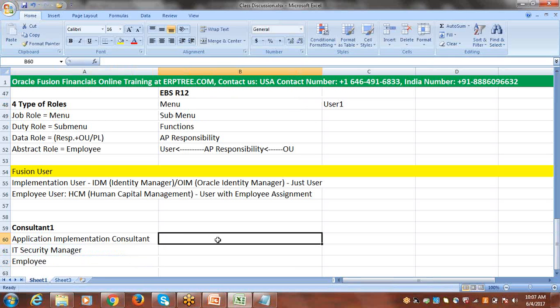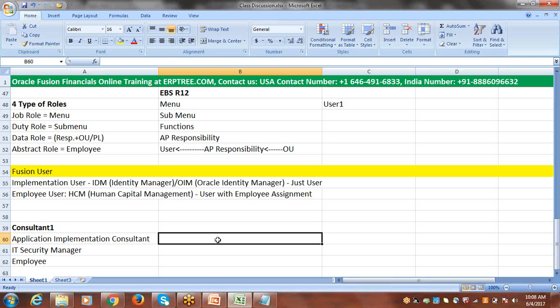And similarly, the application implementation consultant role is equal to the system administrator responsibility in EBS. If you assign the application implementation consultant role to any user, the user can do the system configuration. Say you have access to the system administrator responsibility in EBS.